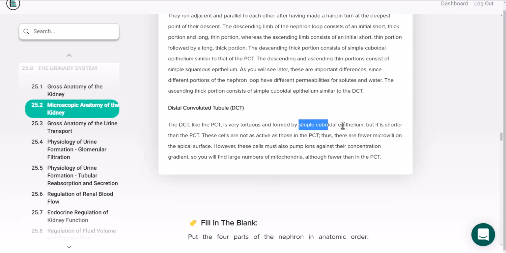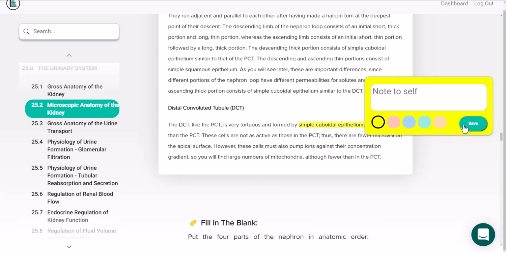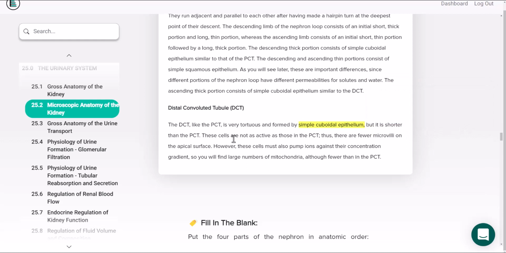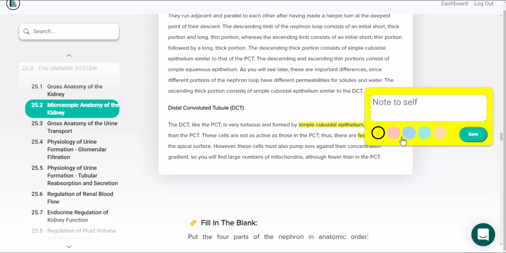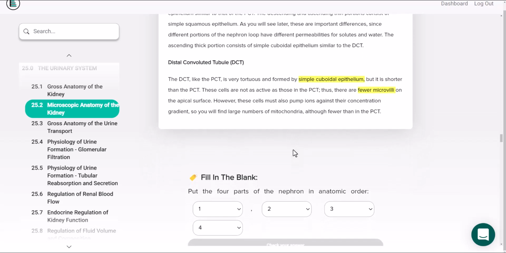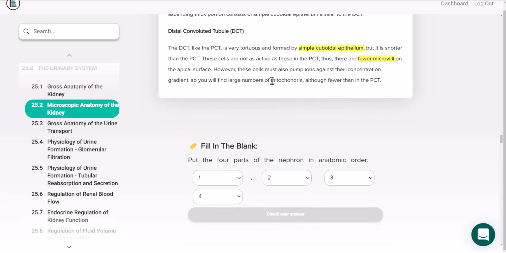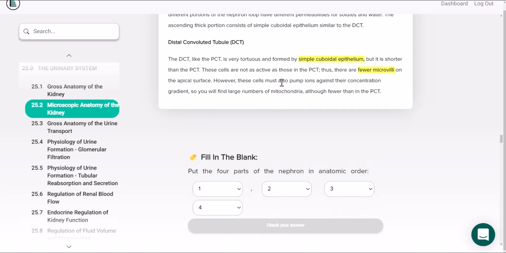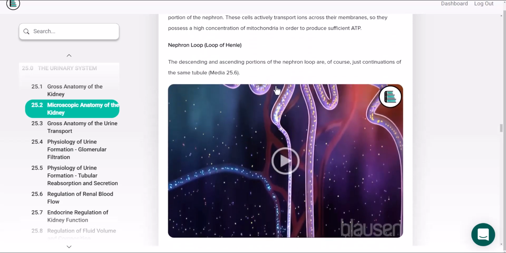It too is lined by simple cuboidal epithelium, with far fewer microvilli because the distal tubule is not involved in as much of the reabsorption and secretion processes. Also, there are fewer mitochondria. I think that was mentioned up here. Let me just highlight that.